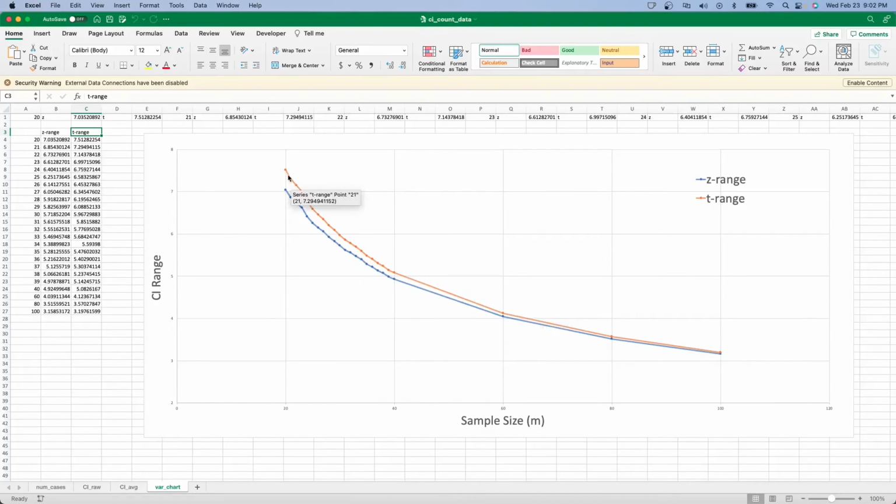Also, the width of the T distribution is always larger than the Z. I really think this visual does a really good job of explaining the differences between the T and the Z and why it's important, and at least in the context of this problem, I think it pretty much answers what we were trying to solve.